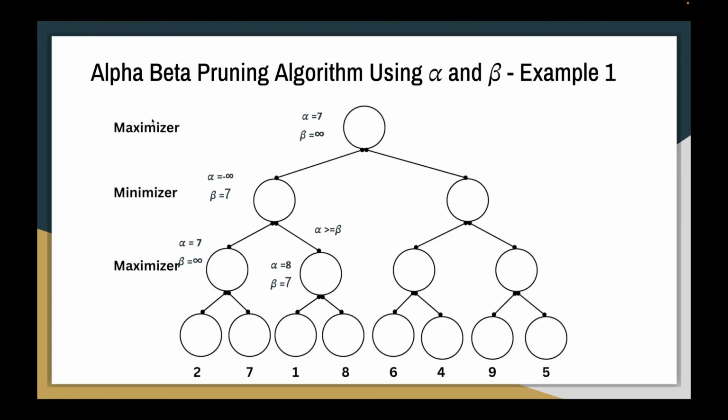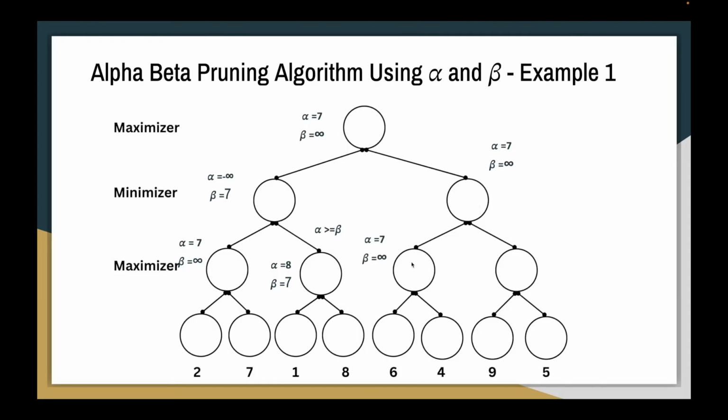Now when the minimizer passes these values to the maximizer, between minus infinity and 7, the maximum value is 7, so alpha becomes 7. This will be passed to the next node. Now alpha is equal to 7 and beta is equal to infinity.